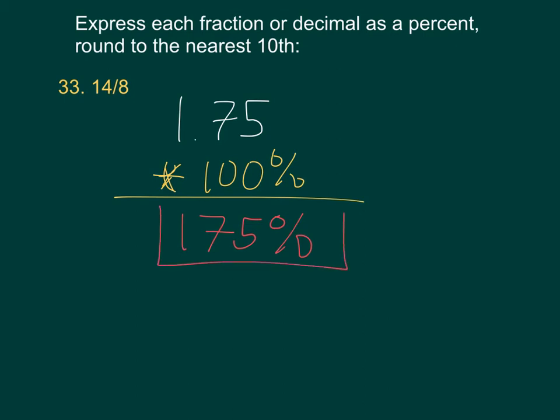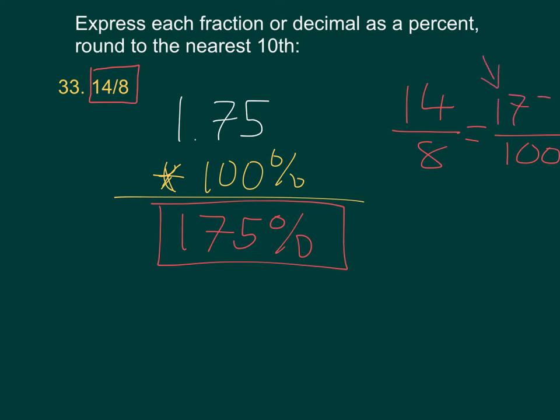Now let's stop for a second and think, does that make sense that I have more than 100%? Well, it does, because the top of my fraction is bigger than the bottom. 14 over 8, if I put that over 100, I've got to have something bigger than 100 up here. So it must be 175%.